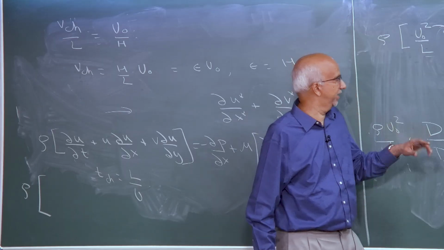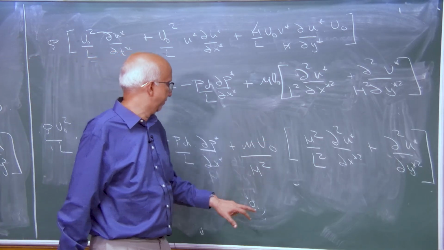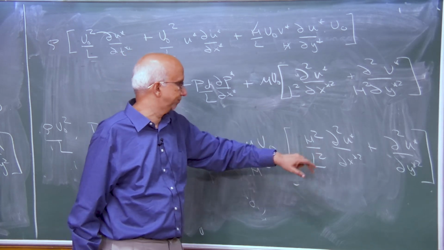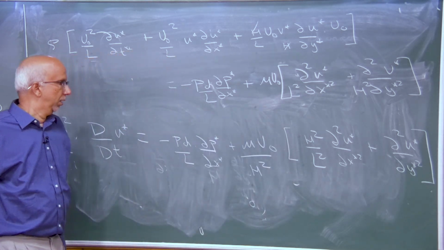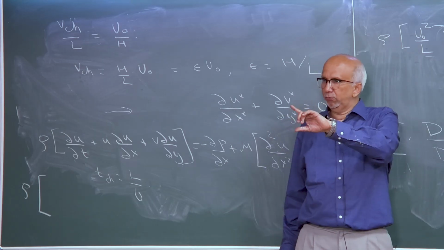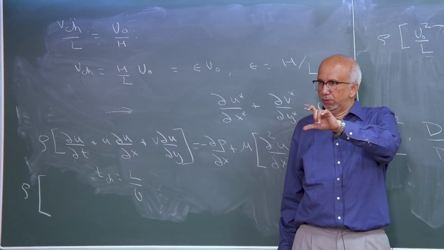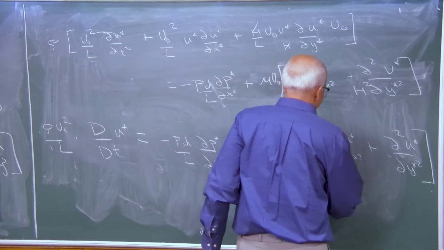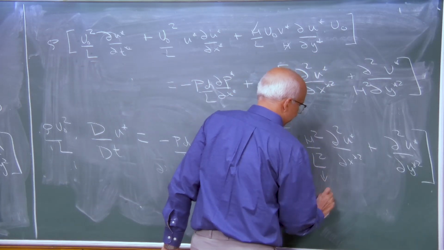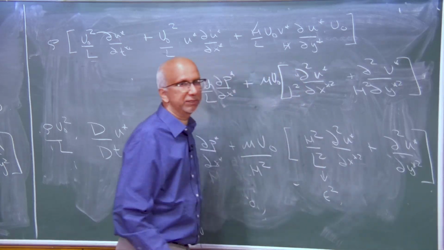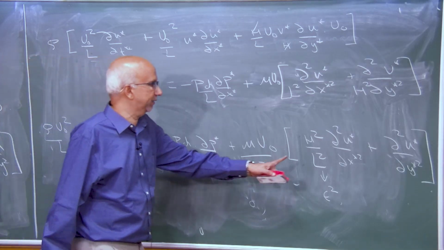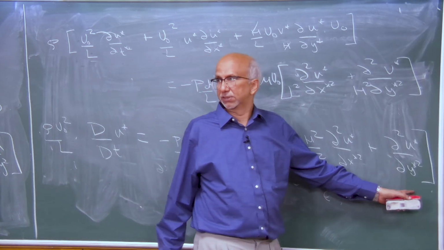Okay. What I have done is just taken h squared common. So I get h squared by L squared. Again we invoke the fact that h by L is very small, okay. So compared to these two derivatives, this is epsilon squared, so this is very small, okay, and I can neglect this in comparison to this.